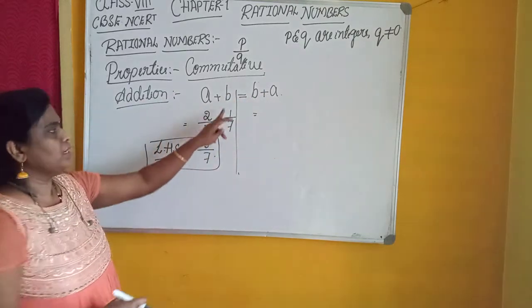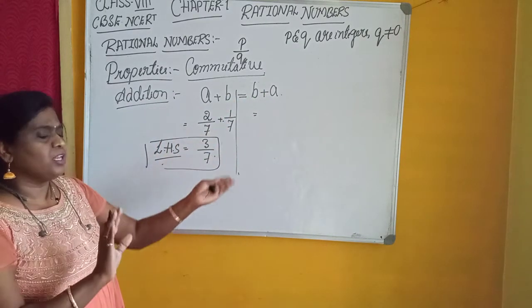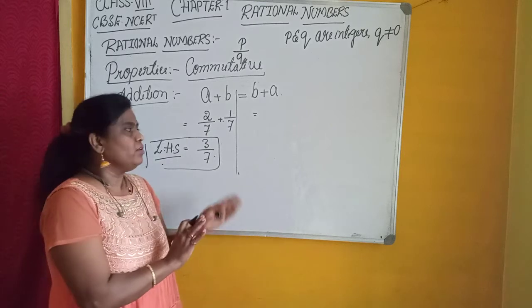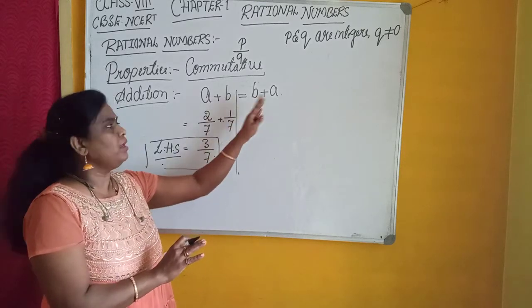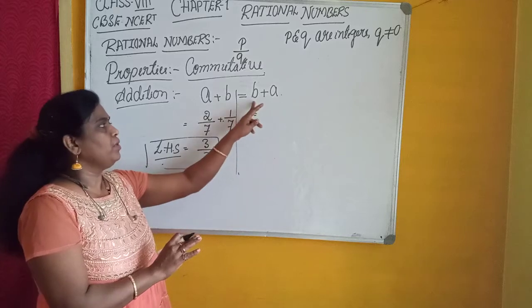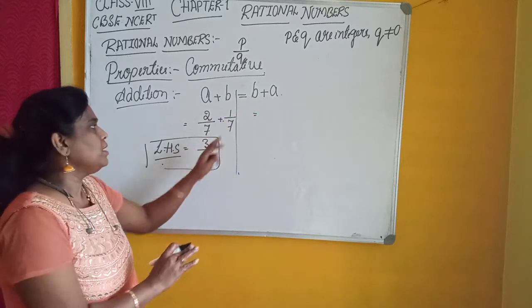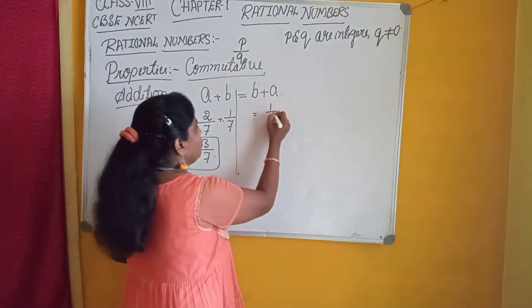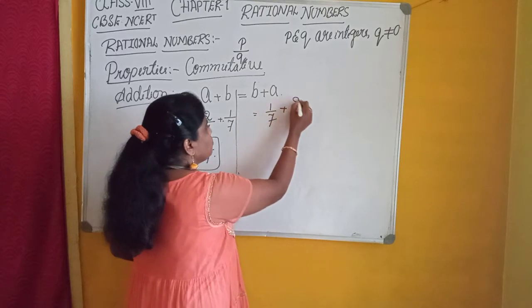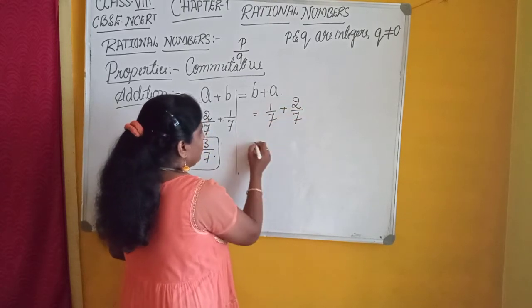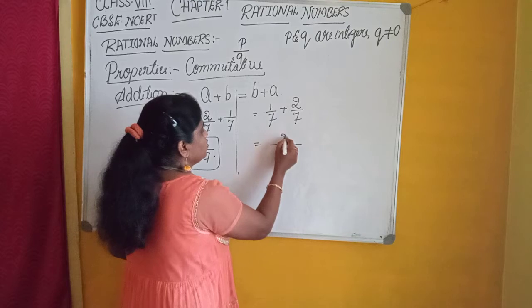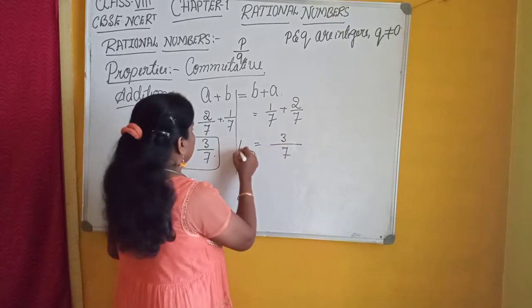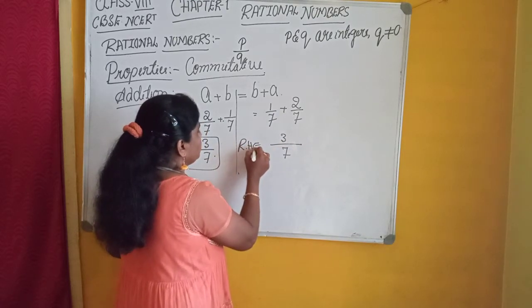That is b + a, where b is any rational number. We are changing the order of the addition: we add b first and then a. Here b + a is 1/7 + 2/7, which is equal to 3/7. We got RHS also as 3/7.